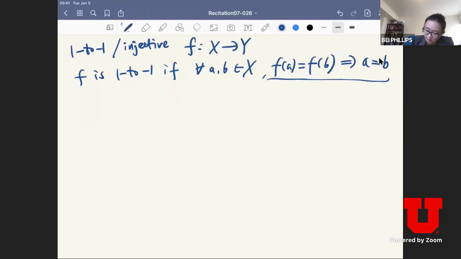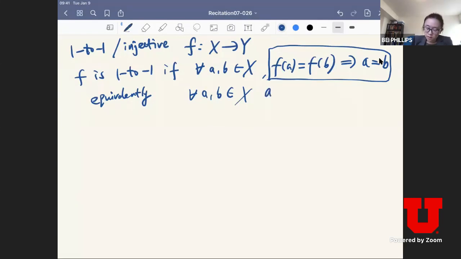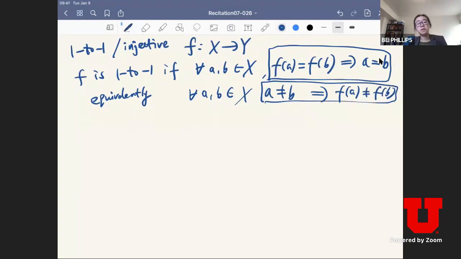Equivalently, its contrapositive: for all a, b in the domain, if a is not equal to b, it implies f(a) is not equal to f(b). This means that distinct elements in the domain map to distinct elements in the codomain. That is what a one-to-one function means.